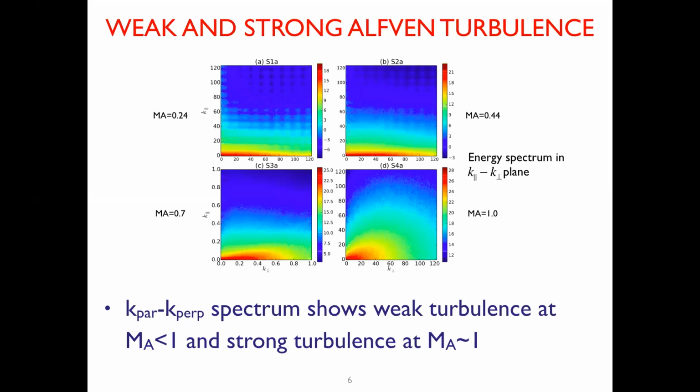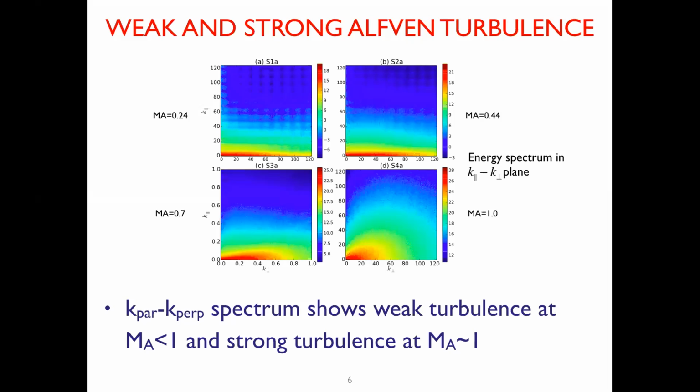And we can clearly see a transition from weak turbulence to strong turbulence, because in the top left, you can see the energy starts from low K parallel and K perp, and it continues to go towards larger K perp, but it does not go in the vertical direction, which means the energy is not cascading in the parallel direction. It's only cascading in the perpendicular direction, which is the characteristic of weak turbulence.